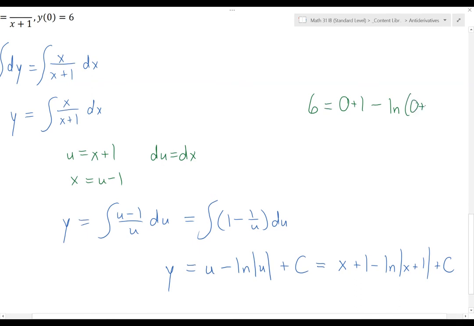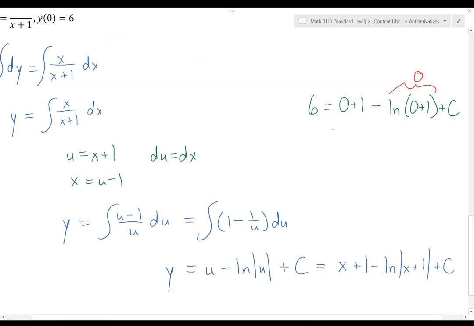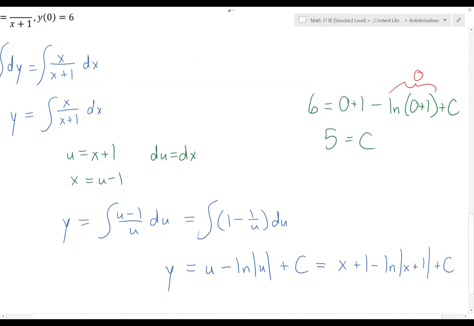So 6 equals 0 plus 1 minus the natural log of 0 plus 1 plus c. So the natural log of 1 is just 0. So this bit right here is 0.